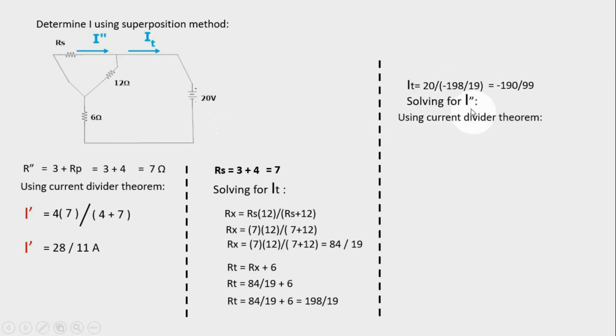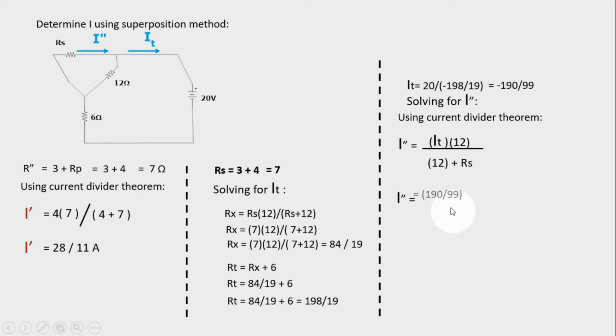So let us solve for I double prime here by again using the current divider theorem. Again, the total current is negative 190 over 99 here, and we multiply it by 12, the one that is parallel to I double prime, divided by the addition of the two resistances here, 12 plus RS, and again RS is equal to 7.